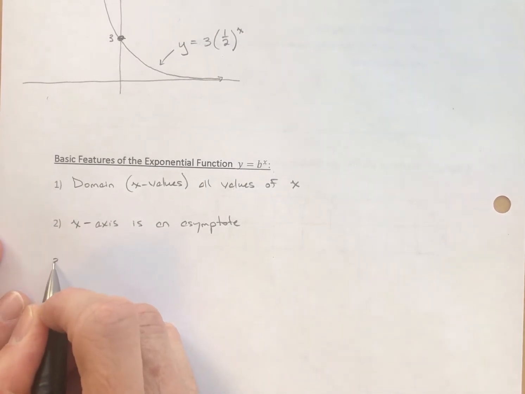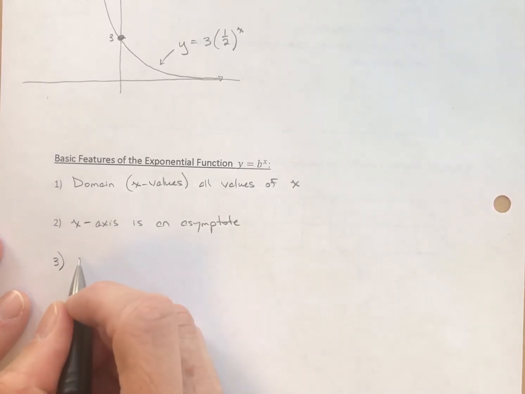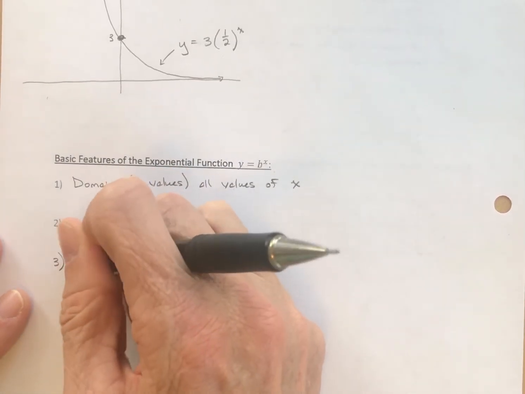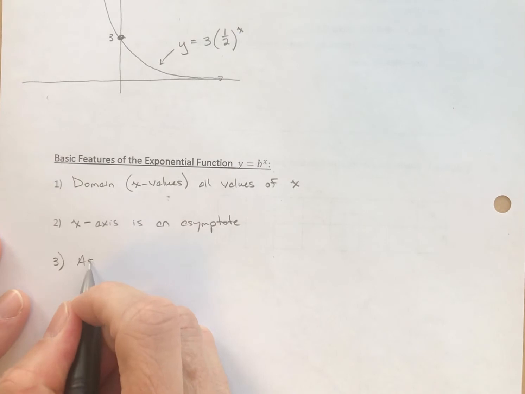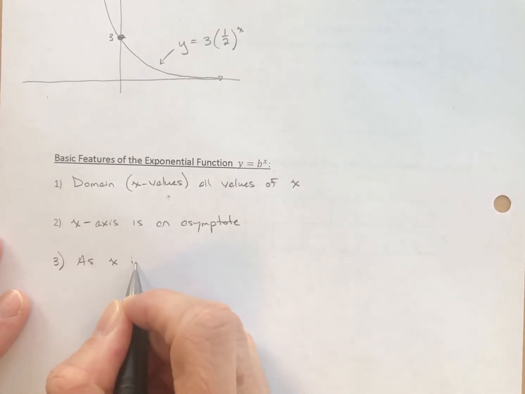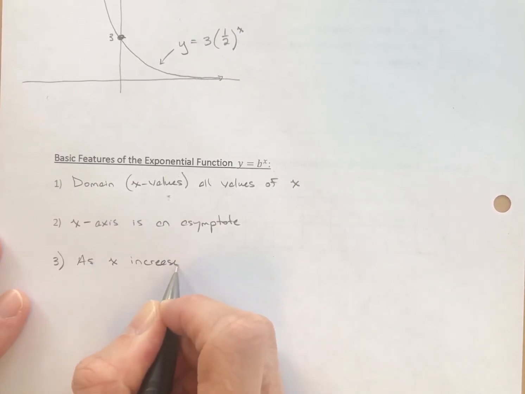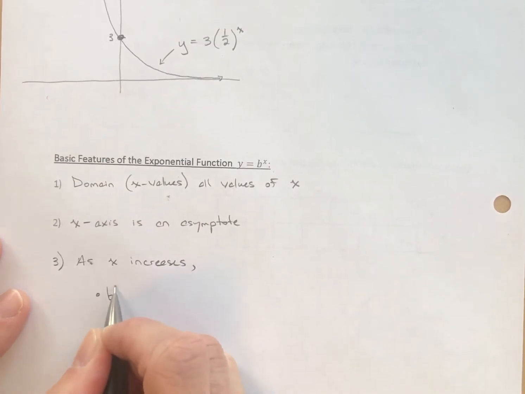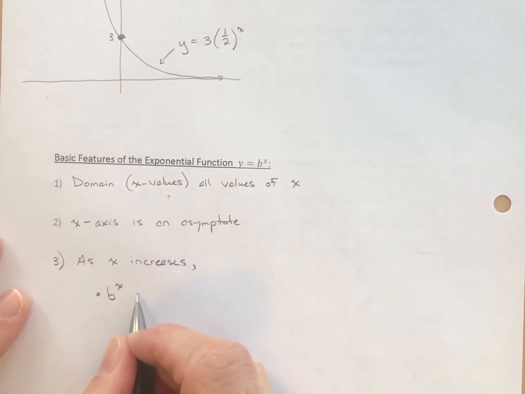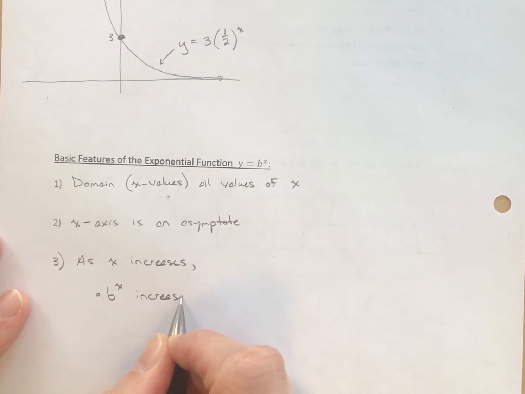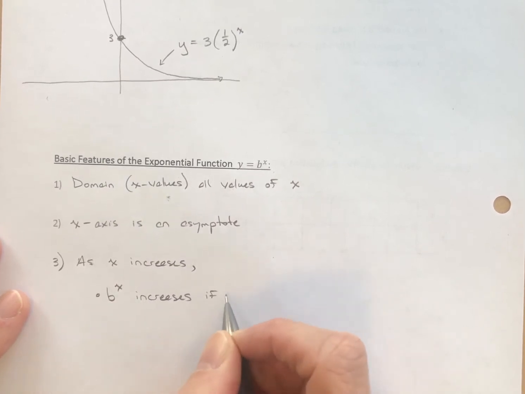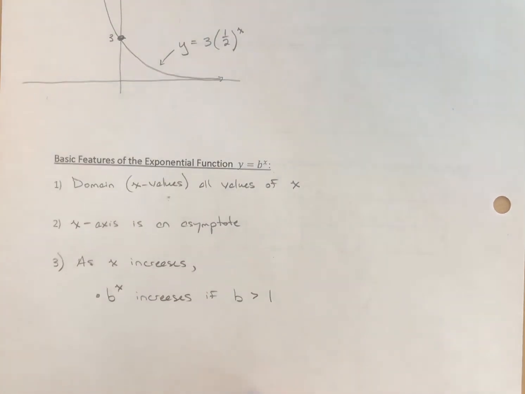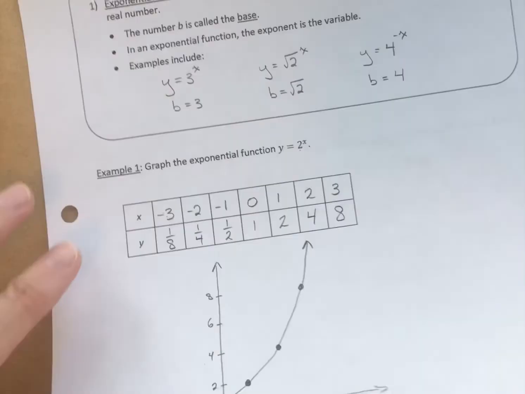And I've got a 3 here, so I'll put a 3 down. As x increases, b to the x also increases if the base b is larger than 1. Let's go back to the first example.